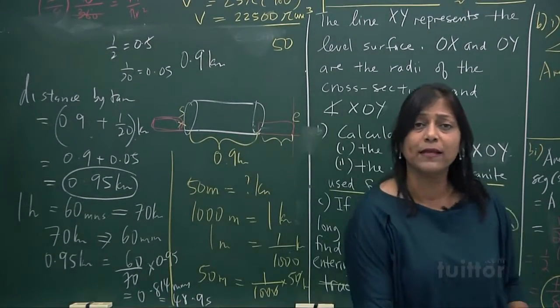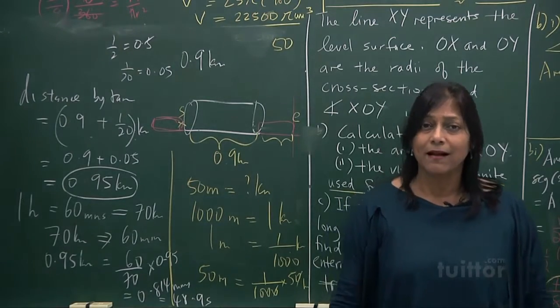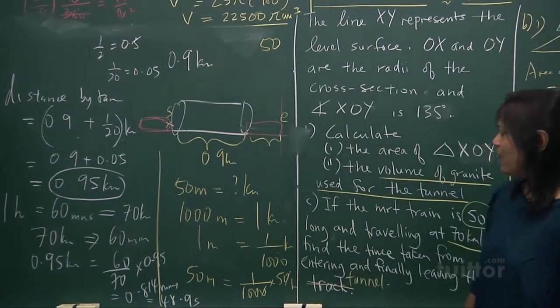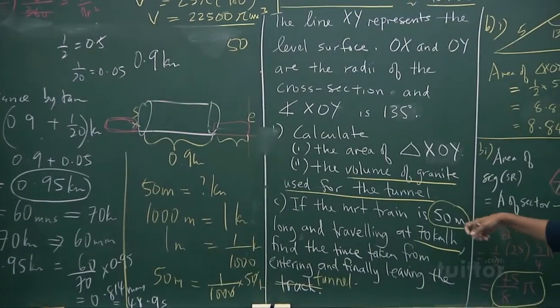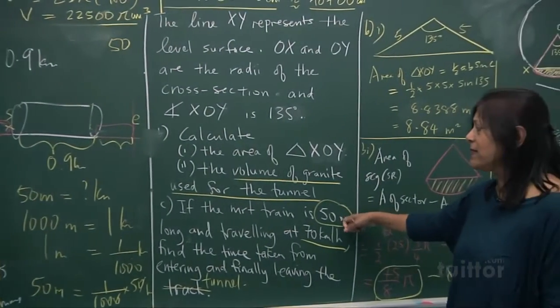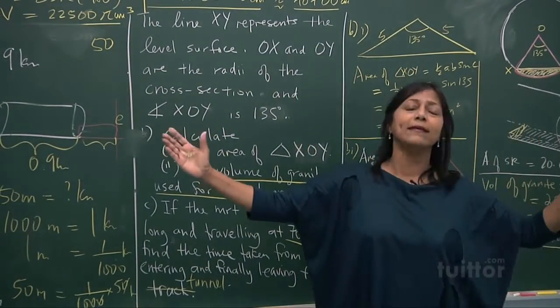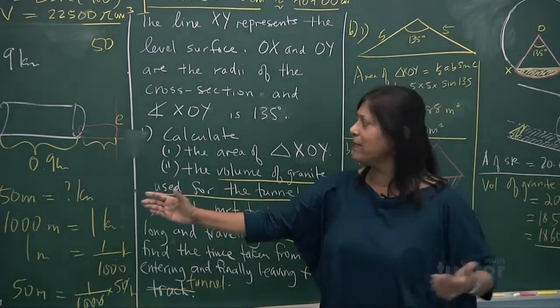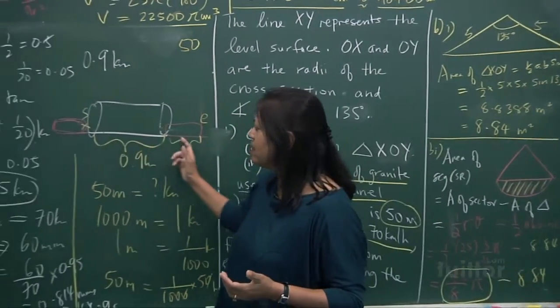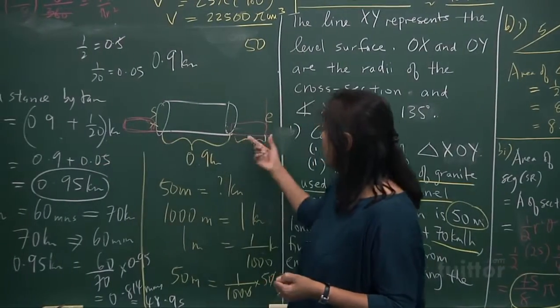Well, that's a really good sum. If you look at it, the MRT train is 50 meters. The length of the track is 0.9 km. Add the total distance, 0.9 plus 0.05.